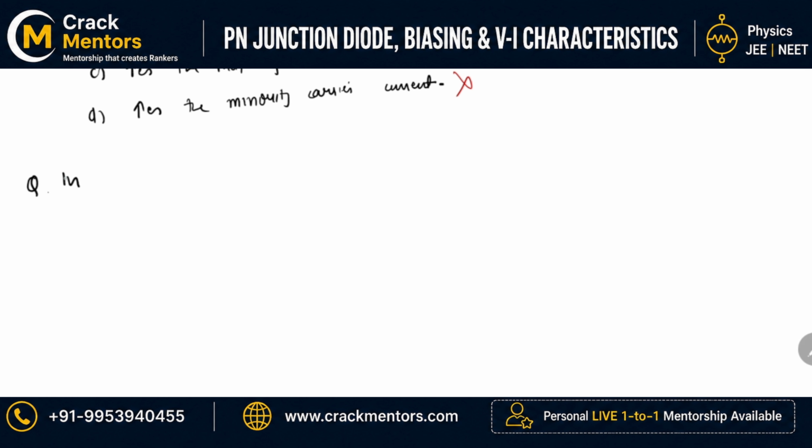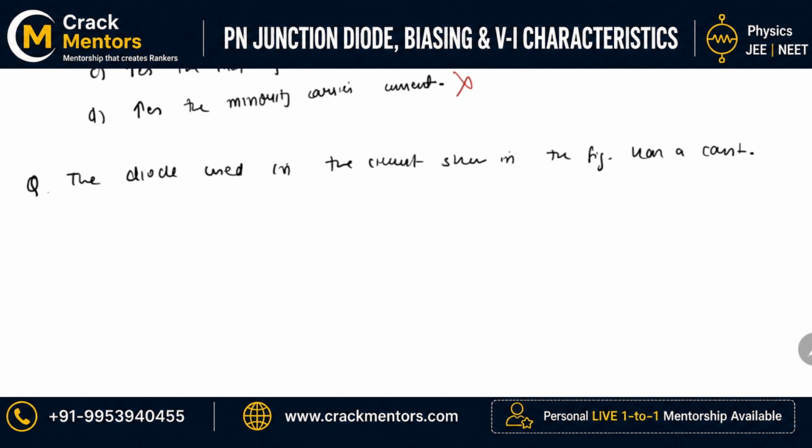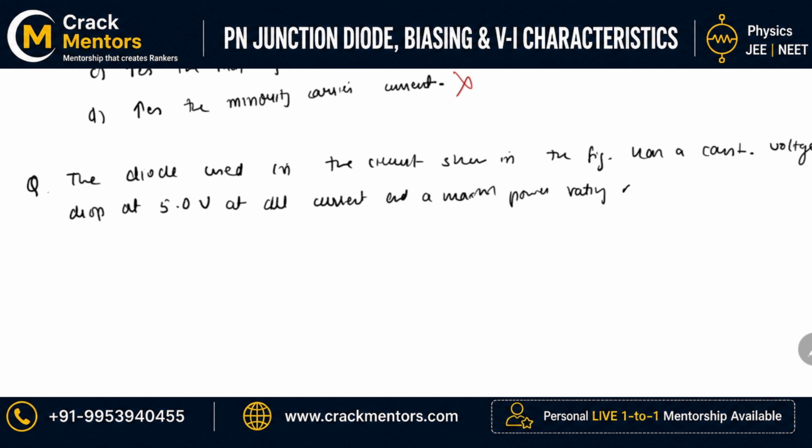The question says that the diode used in the circuit shown in the figure has a constant voltage drop at 0.5 volt at all current and a maximum power rating of 100 milliwatts.